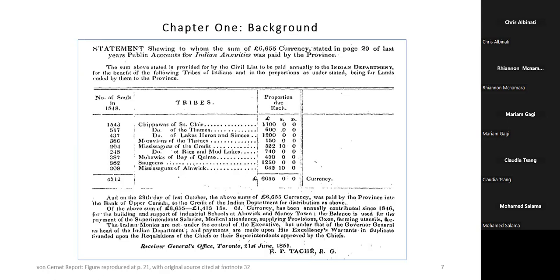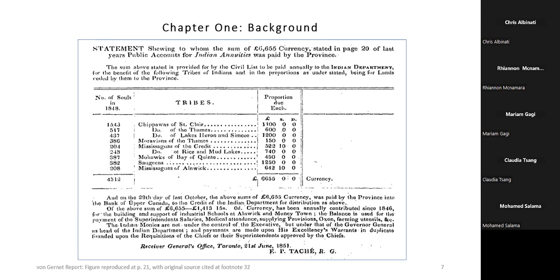And what you see here are what they referred to as tribes, but which of course are the First Nations who had these treaties. When you see anything that says Chippewas, which is the first three, or Mississaugas, which is also listed there, Mississaugas of the Credit and the Mississaugas of Alnwick, as I said earlier, the Mississaugas had a lump sum payment in one of their treaties, but they also had another treaty later on that had annuities.